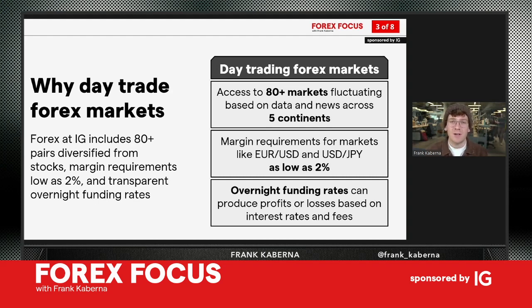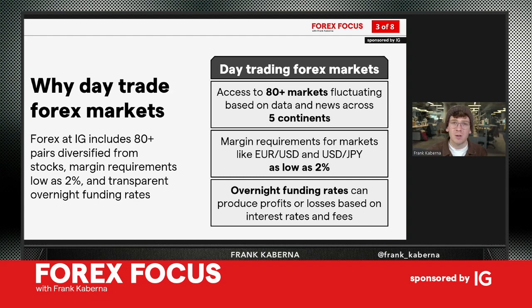represent 5 different continents, represent news cycles that are pretty much nonstop. Obviously, Asia opening up around 6, 7, 8 p.m. here in the U.S., depending on where you're at, and then Europe opening a few hours later, and then the U.S., obviously being the U.S. So many different news cycles, so many different diversified opportunities compared to just the U.S. stock market, where, of course, you could trade Apple, you could trade Microsoft, and they are diversified in a sense.